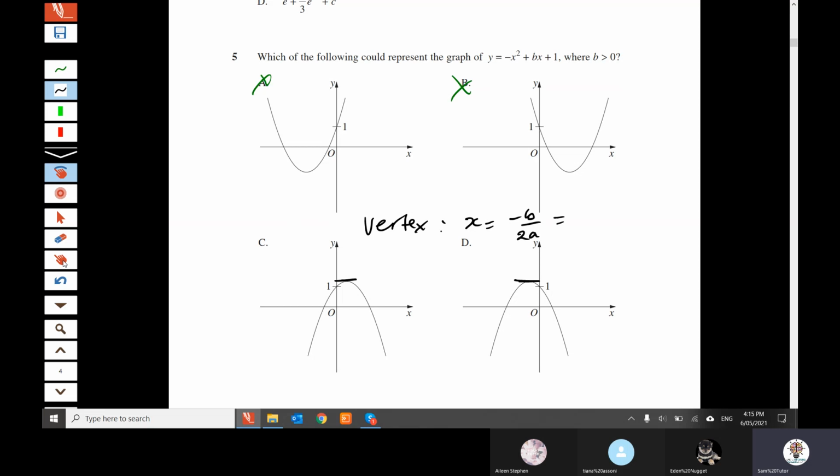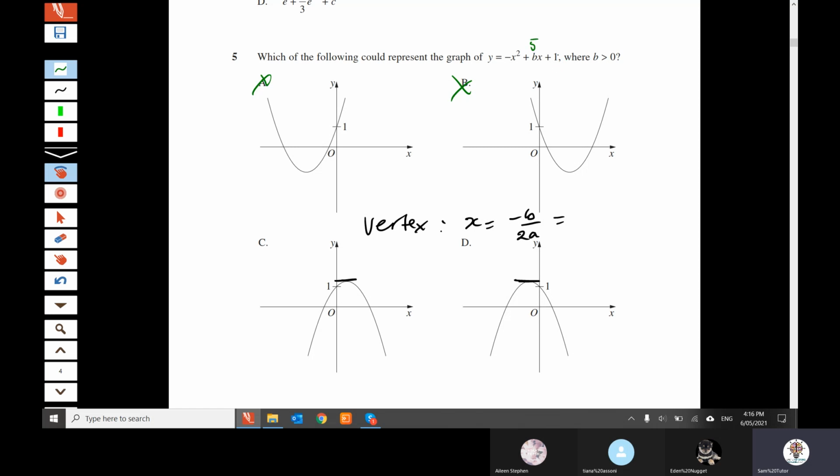Okay, hold on. Think now. b is positive. So we want a vertex of negative b over 2a. Let's start again. If b is positive, think of this as 5 for a second, because that's the easiest way.